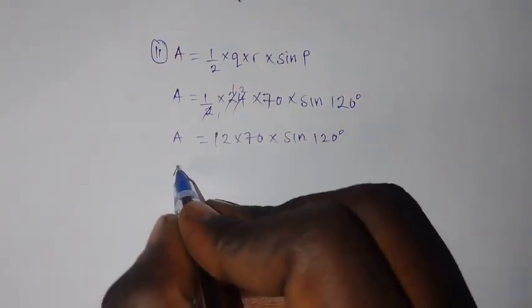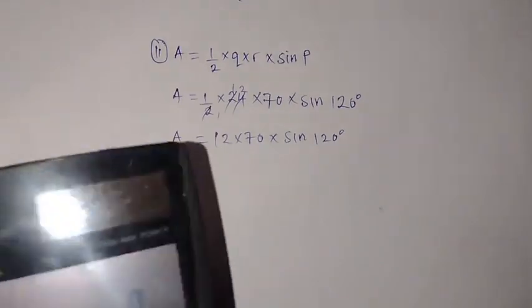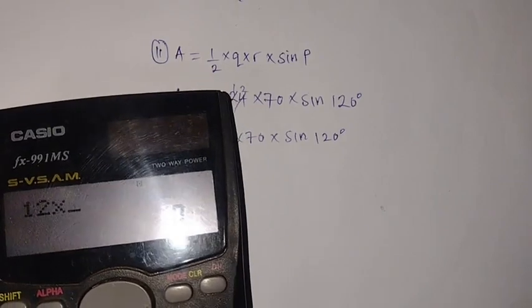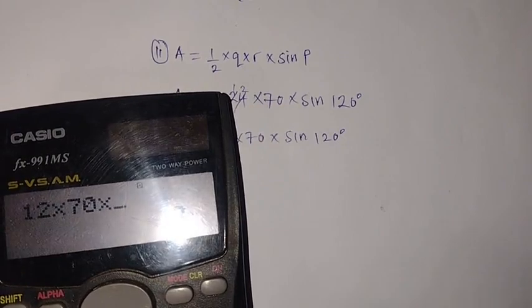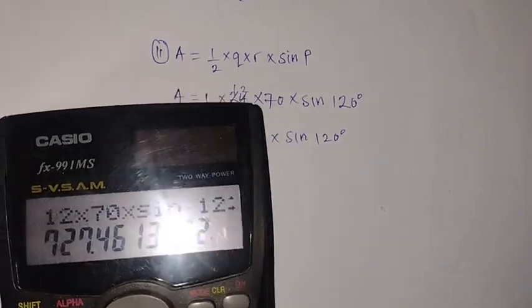Right, so after punching everything on the calculator, this is our value that you get. So you say 12 times 70 times sine 120. So this is what you are getting.